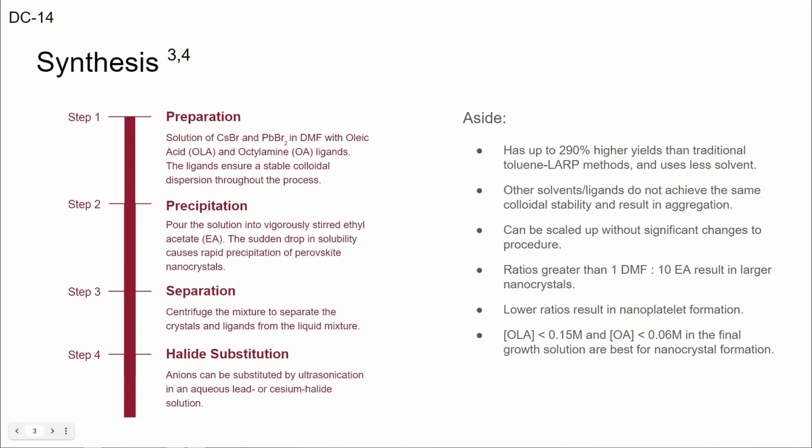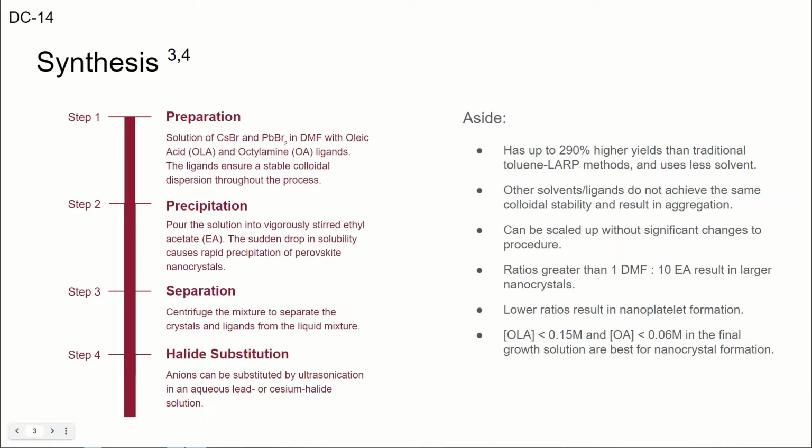As an optional step, if you want to change the halide composition of your crystals, they can simply be ultrasonicated in an aqueous lead or cesium halide solution. Researchers are trying to improve their methods by changing the solvents, ligands, and their ratios.